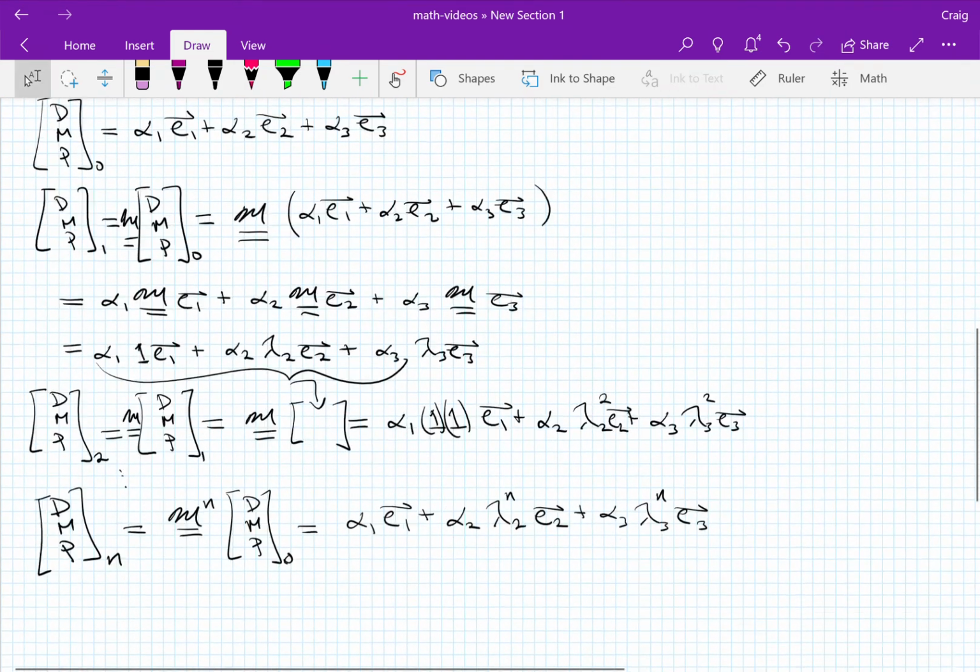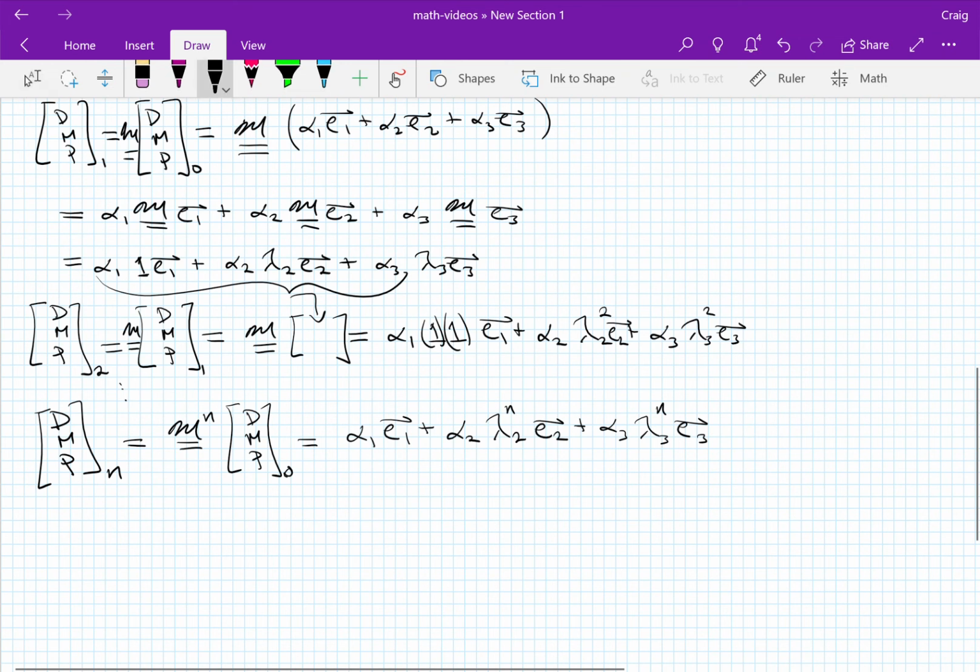So what this means is that as n goes to infinity, lambda 2 to the n is going to go to 0 because lambda 2 is less than 1, and lambda 3 to the n is going to go to 0 because lambda 3 is less than 1.